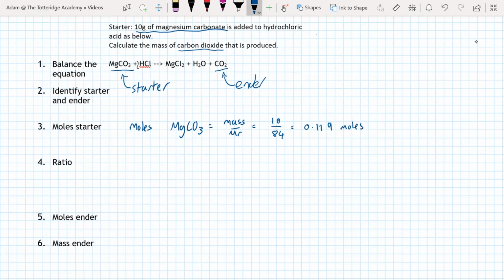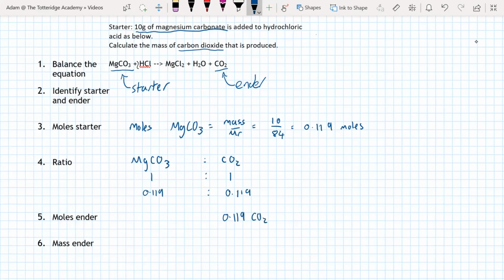Next up, I need to do a ratio of starter to ender. So that's MgCO3 to CO2. Conveniently, it's 1 to 1 in this case, because I've got 1 magnesium carbonate and 1 CO2. So I have 0.119 over here, and I'll also have 0.119 over there, which means my moles of ender is 0.119 CO2.